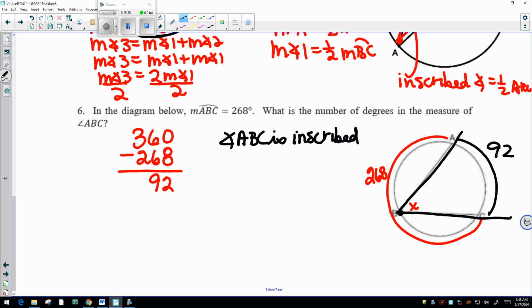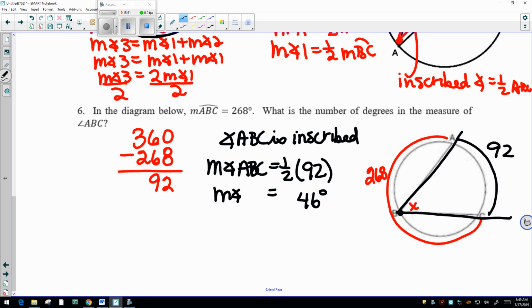So we just set up above, the measure of our inscribed angle has to equal 1/2 the arc it opens up to, which is 92. So I take half of 92, and I can tell you it's going to be 46 degrees. And so what we've just found is the measure of angle ABC.